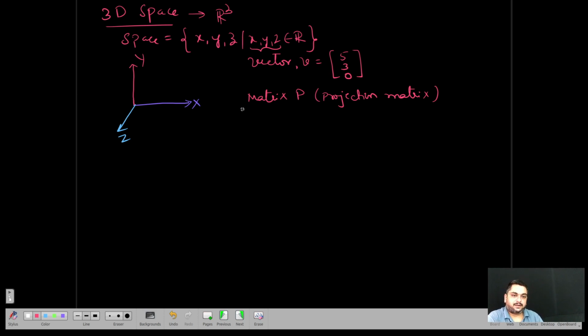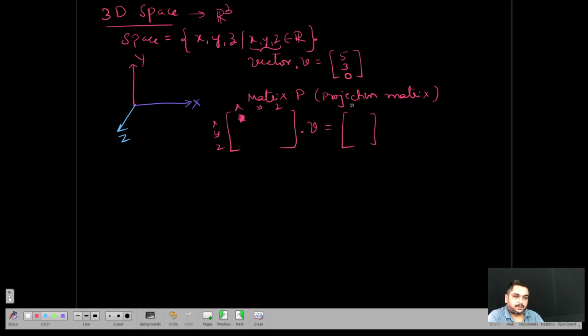So the matrix will also be a 3 cross 3 matrix, with x, y, z as rows and x, y, z as columns.